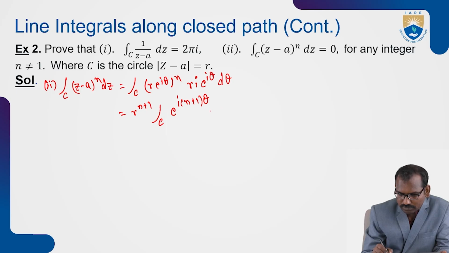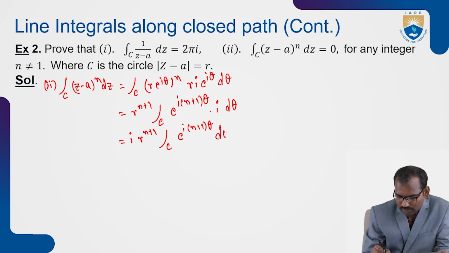You can observe there is i also in the integrand d theta. So i and r are independent of theta. That's why we can take them out of the integral symbol. That is, i r power n plus 1, integration along C of e power i times (n plus 1) times theta d theta.